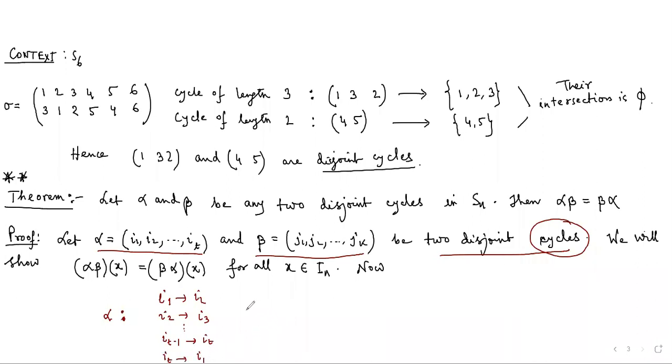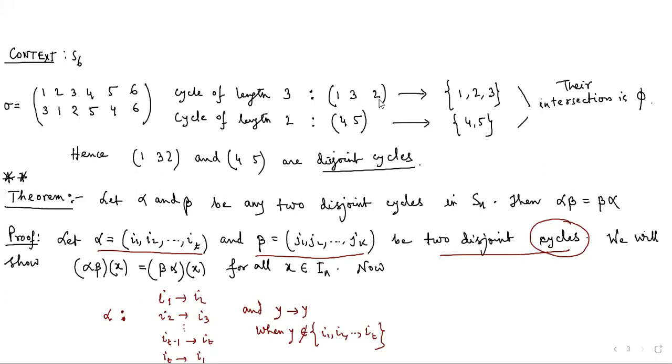And not only this, Y goes to Y when Y does not belong to {I1, I2, ..., IT}. This happens with respect to alpha.